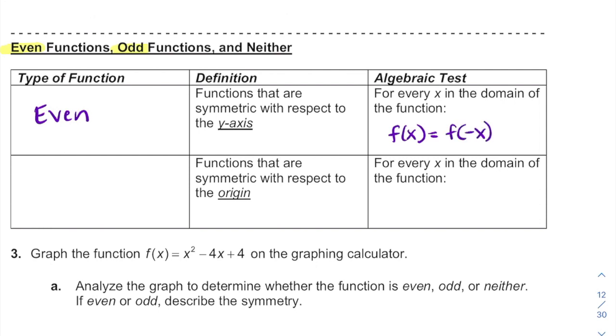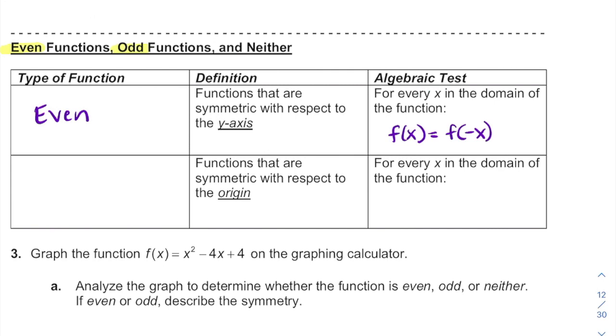And the reason we call it even, the further we get into functions, we're going to find that the highest exponent in your function is often going to be even, which is what allows it to be symmetrical to the y-axis. So there is a connection to the power, if it's even or odd, in whether it is symmetrical to the y-axis.